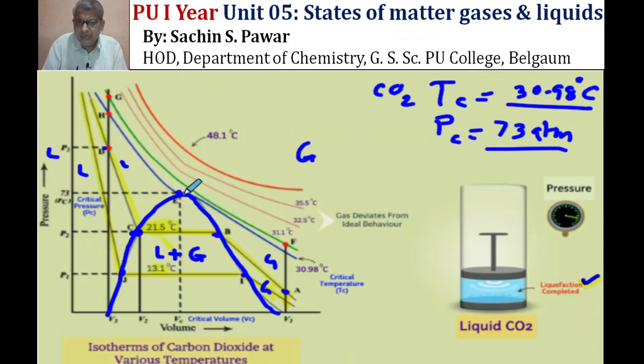Above that temperature you don't get a liquid, you will get a gas. Critical temperature is the temperature above which gas cannot be liquefied, however high the pressure may be.